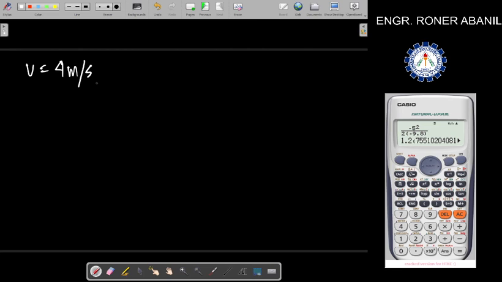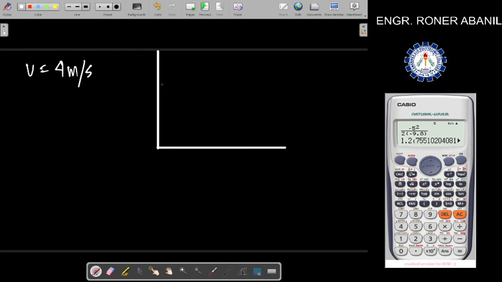Tapos, dun daw sa position x, sige, ganito. Gawa ako ng graph. Yan.